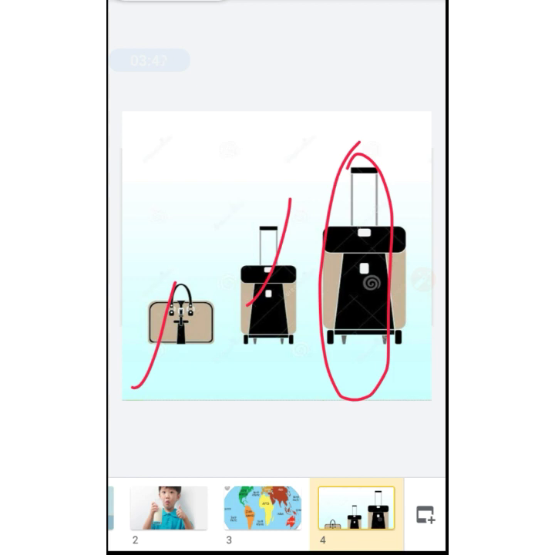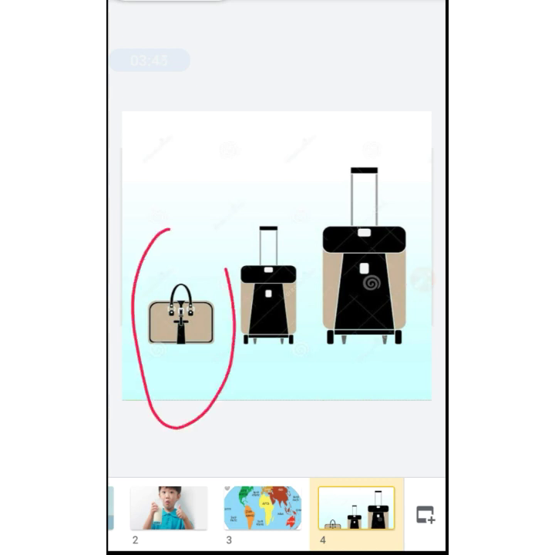So, let's think about it: if you take this bag as your luggage for your trip and your brother or sister takes this one for his or her trip, which one of you can hold more stuff than the other?